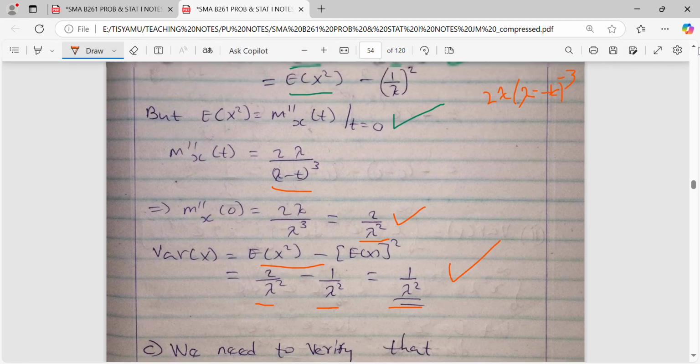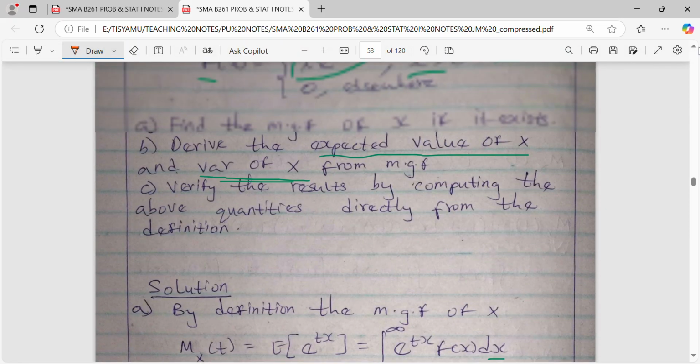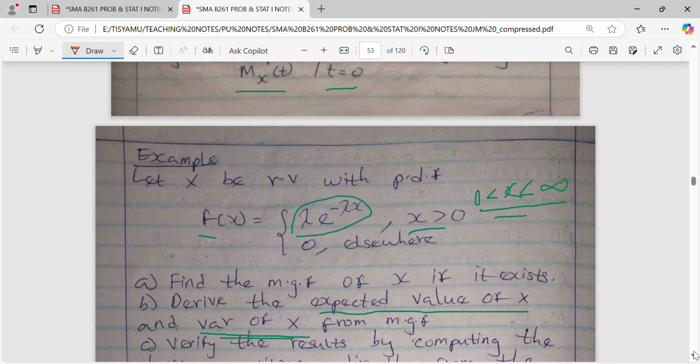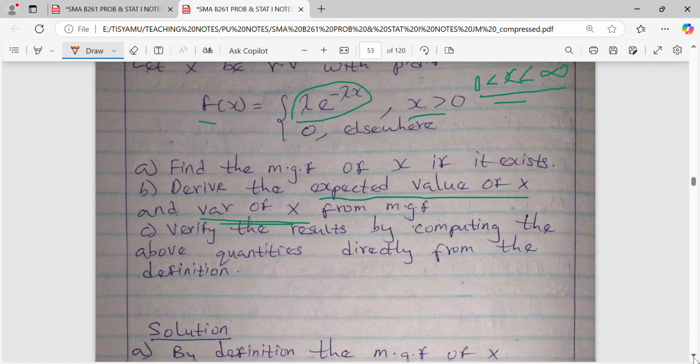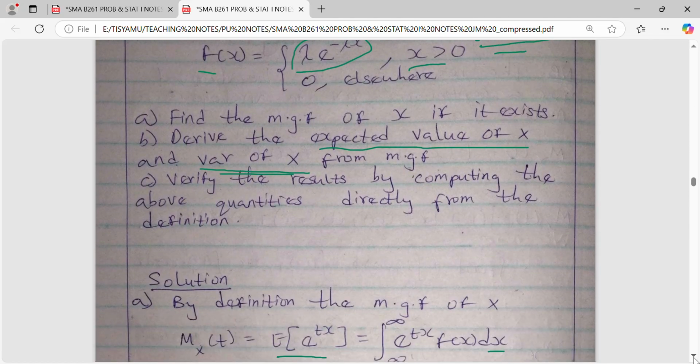Then the last part of that problem, we are required to verify the results by computing the above quantities directly from the definition. So here, I'm not going to go through this one, but at your own time, you are going to compute directly from the definition, that is using the expectation, as we did in our previous classes.